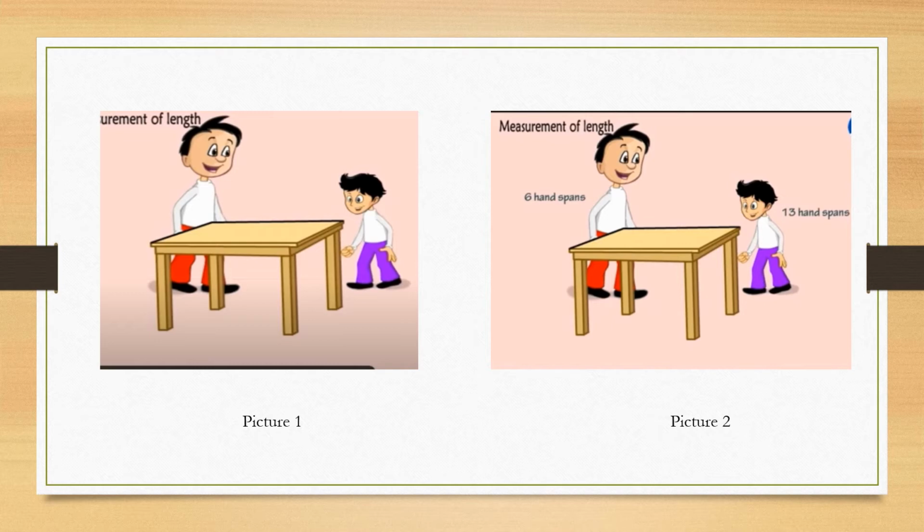But they are very confused. One boy is saying that no, it's 6 hand spans. The other is saying no, you are wrong, it's 13 hand spans. So, can you understand? This is very confusing. How to get the correct result?